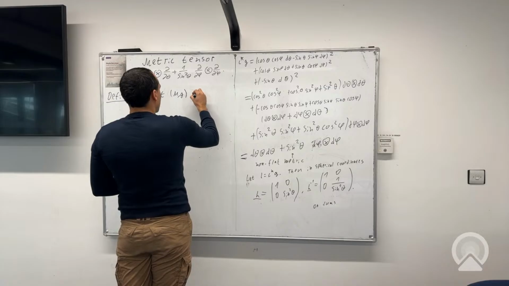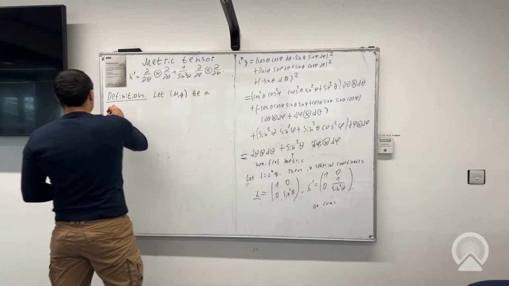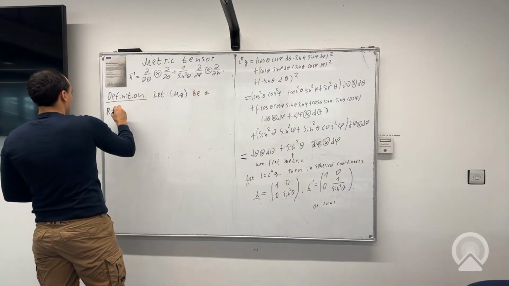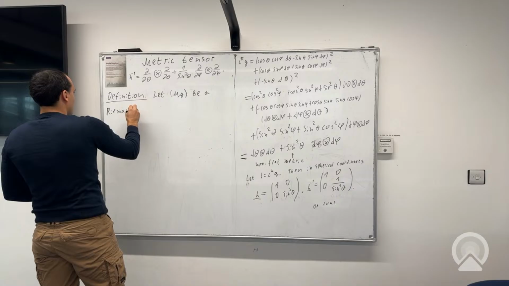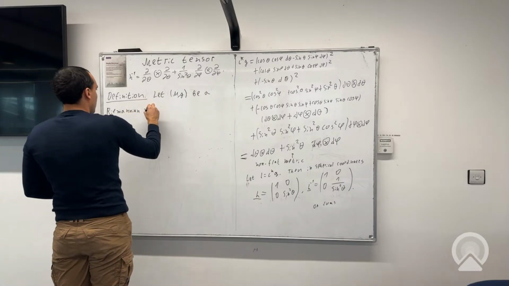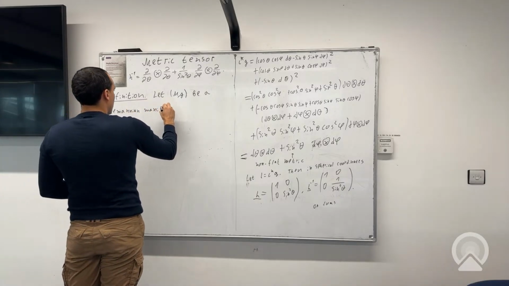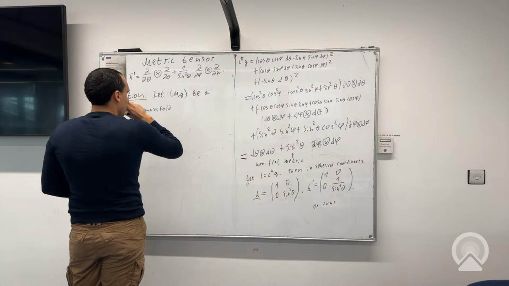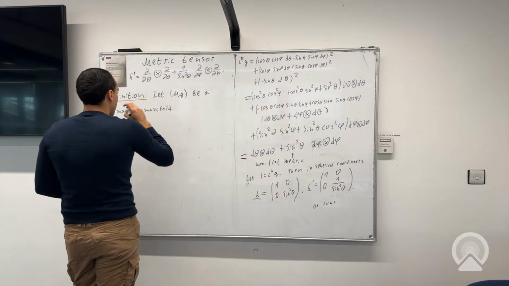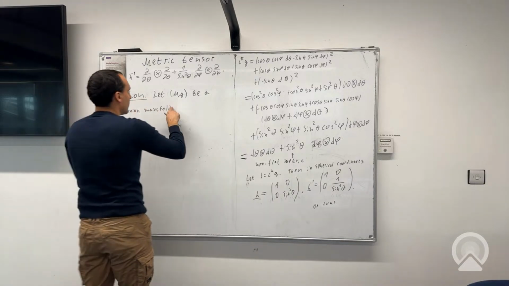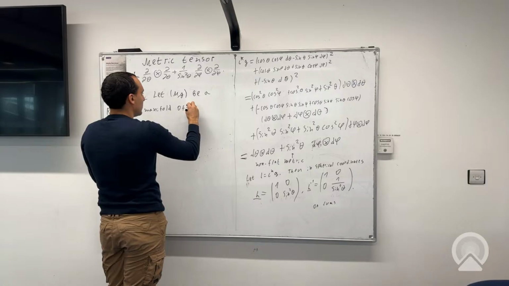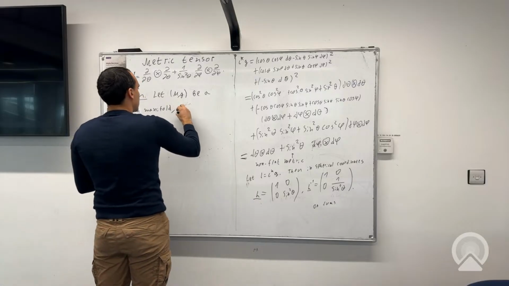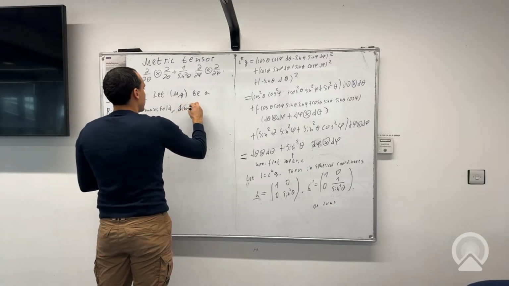Let (M, g) be a Riemannian manifold of dimension d, so dimension of M is d.